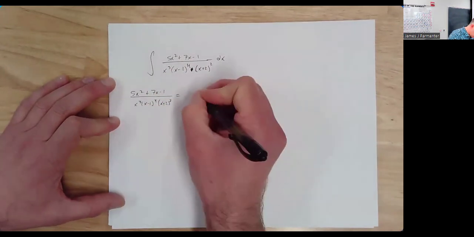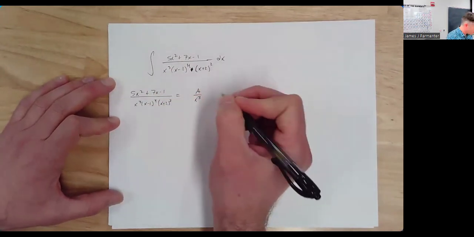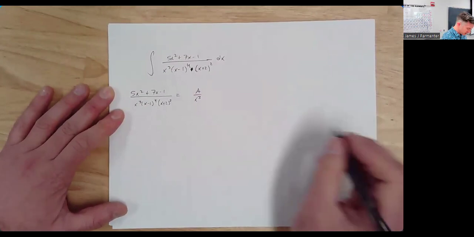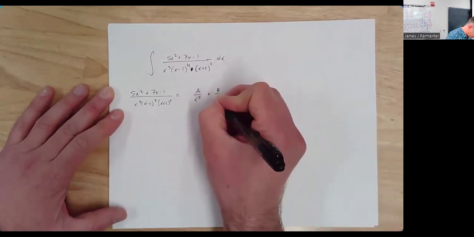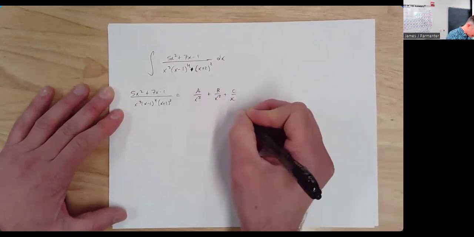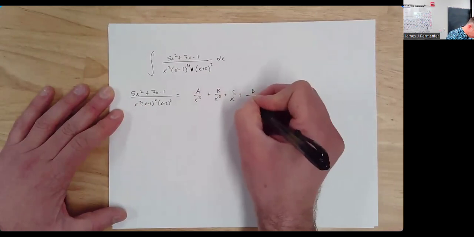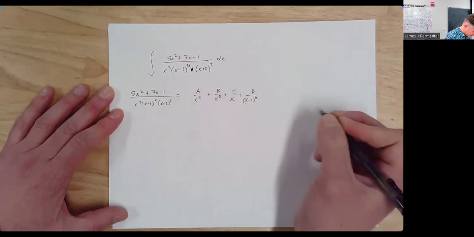It would be equal to a over x cubed, and then we need every lesser power of x. So you'd have b over x squared, c over x, and then we'd have d over x minus 1 to the fourth, and every lesser power of that.